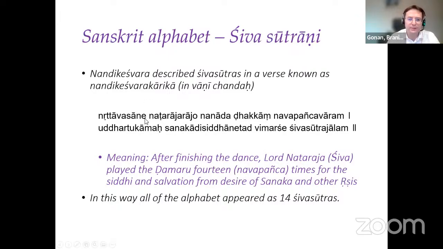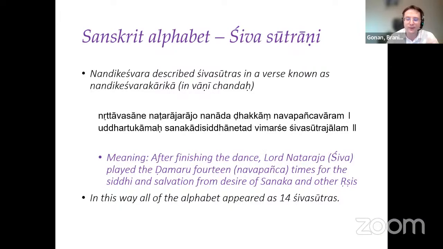In this particular verse, when Lord Nataraja was dancing, and after finishing the dance, Shiva played the Damaru, the drum, 14 times for the siddhi and salvation from desire of Sanaka and other rishis.